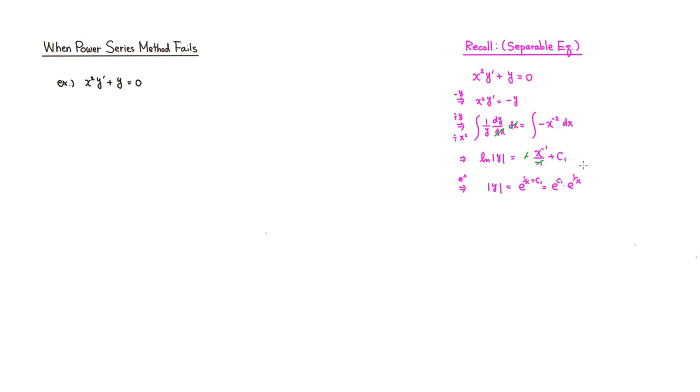Then I remove the absolute value sign, so y is equal to plus or minus e to the C1 times e to the 1 over x. Since plus or minus e to the C1 is just a constant, I'll call it c.